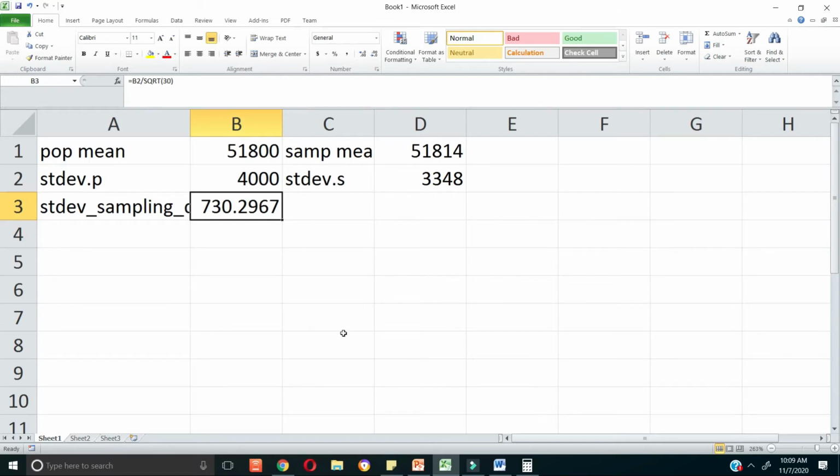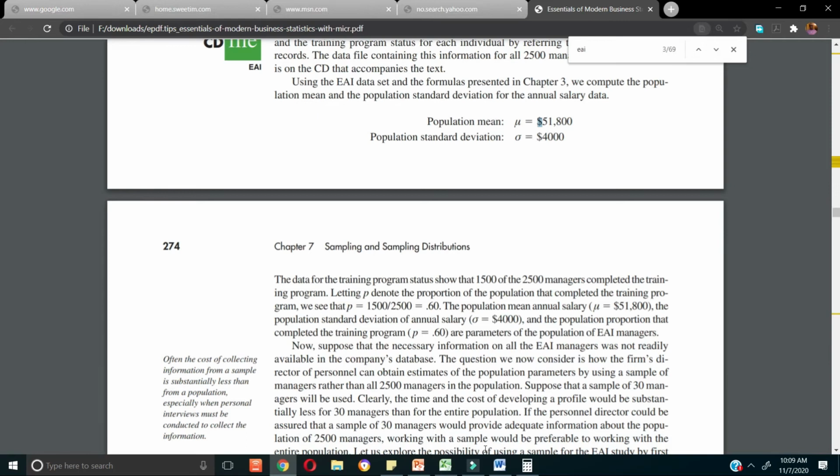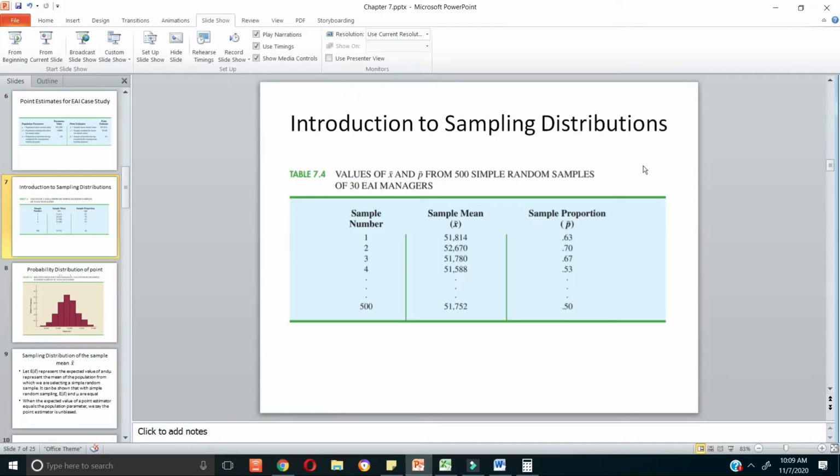Right? So you could have a situation, for instance, where we have some value and we want to find out the probability that the value we get from our sample is within 500 of the actual mean, that it has an error of plus or minus 500.